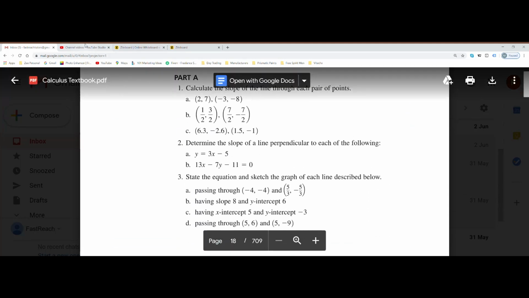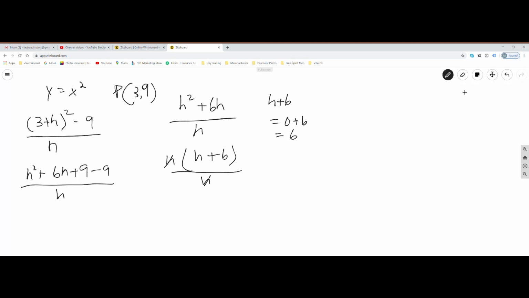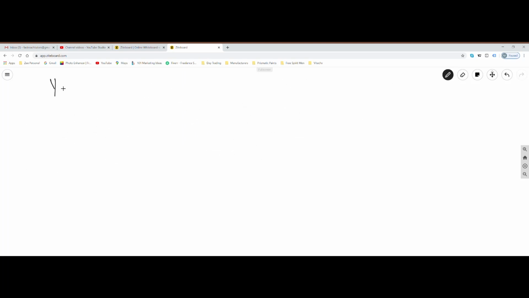Here you're given 2 points, so finding the slope is relatively easy. So the equation is m, which is slope, equals y2 minus y1 over x2 minus x1.